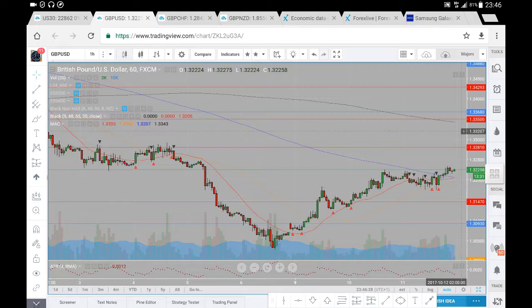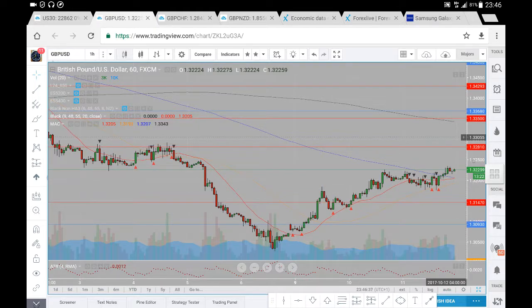and we start putting in a continuation pattern to the upside, I'll be looking at 133.50. It's unlikely we'll get up to 133.50 tomorrow, on Thursday the 12th. But it is a level which is possible.